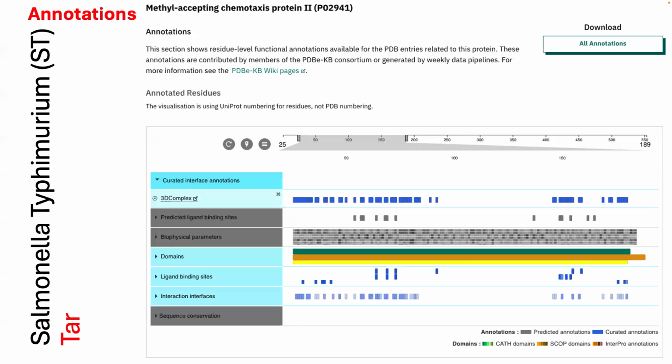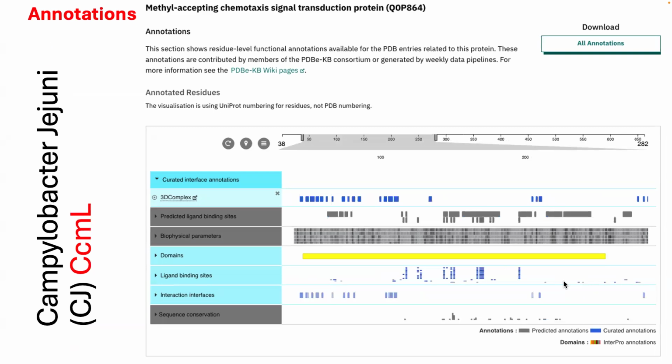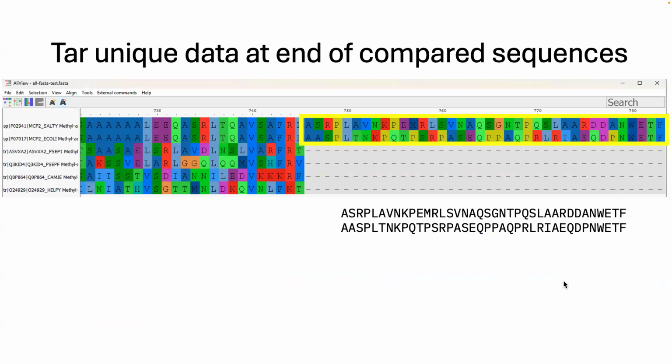First, there are various websites like this where you can get some interesting annotations when you're focusing on different parts of the protein to see what it refers to. These are just 3 of the 6 that actually showed up. I have it for both of the TAR cases and this other one, CCML, but I didn't have it for all 6.